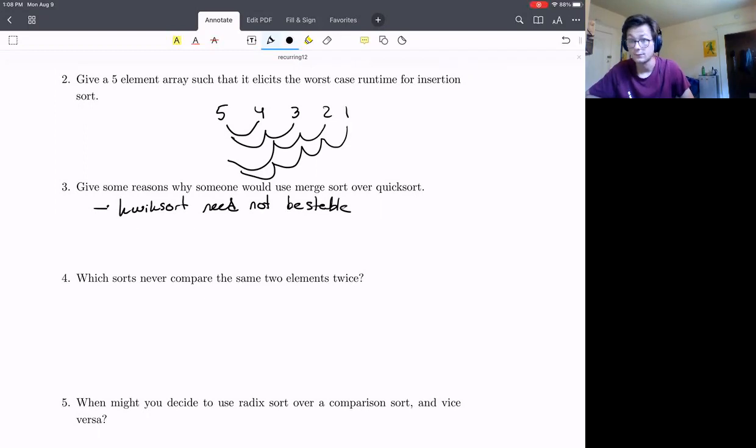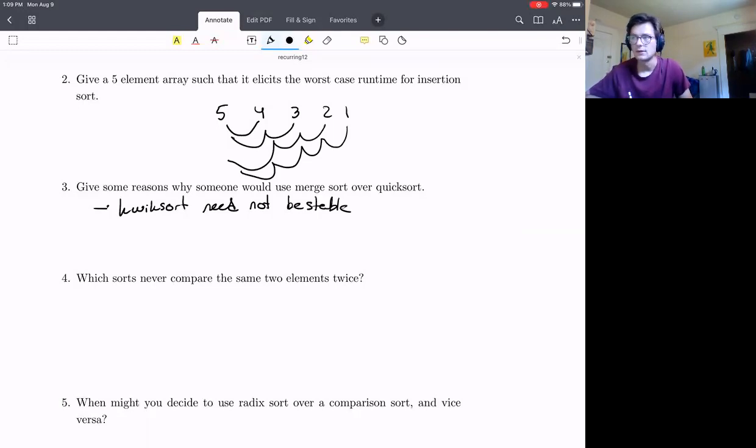You could implement it such that it is stable, but in order to do that, you have to make sure you specifically say, okay, in the case of ties, we keep things basically on the side they already were. If you do not do that, which most implementations of quicksort are not going to do, it is not stable. So if you need stability, you're not going to use it over merge sort. The main time you need stability is when you need to do multiple sorts on a single set of data. So that's one reason you would use merge sort.